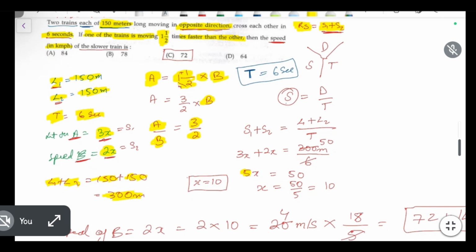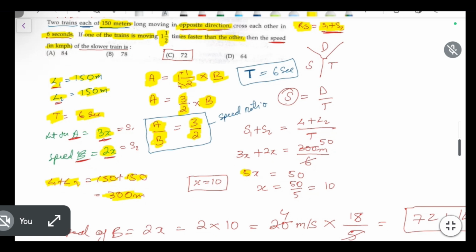So here A is equal to, if we simplify this one, 2 1s are 2 plus 1 is 3 divided by 2 into B. So if I transfer this B to the other side, it will go in the denominator. A by B is equal to 3 by 2. Remember, this is the speed ratio of A and B. A is the first train and B is the second train here.